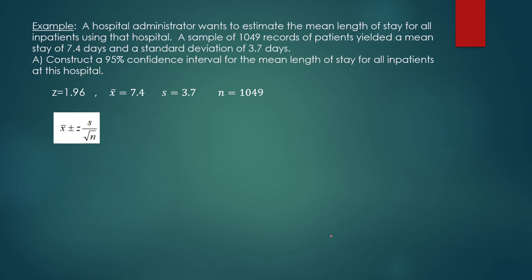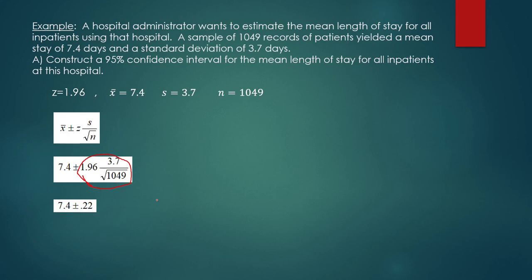Plugging in everything into the formula, we have 7.4 plus or minus 1.96 times 3.7 over the square root of 1,049. Now when I do the calculations, I want to make sure to simplify the right side of the plus or minus first.